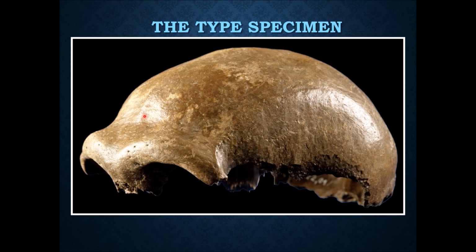But they have a very large brain case. It's still low and long compared to ours. Ours is much higher and kind of shorter, but they have this very, very prominent brow ridge. This is what told everybody looking at this that it was in fact not an anatomically modern human.